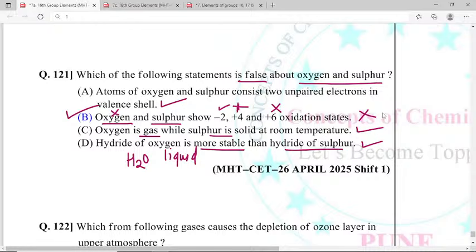Oxygen and sulfur show -2, +4, +6 is false. Oxygen shows -1, -2, +2. Sulfur shows -2, +4 and +6. Oxygen is a gas, sulfur is a solid. Correct. Very good.